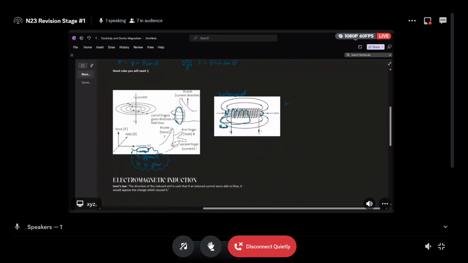Good stuff. Let me write this down: ideal solenoid, uniform B inside.